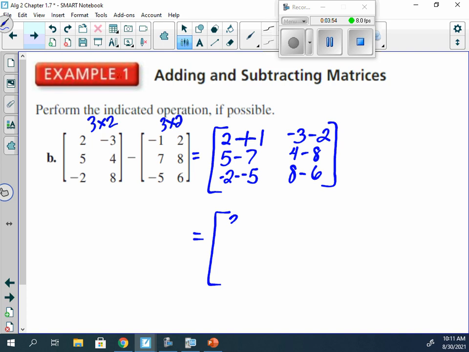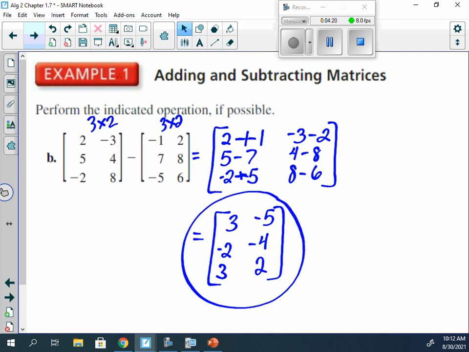So that would be -3 minus 2 is -5. 5 minus 7 is? 4 minus 8. -2 minus -5. Well, negative and negative make a positive, which would be 3. And 8 minus 6 is? And that's it.